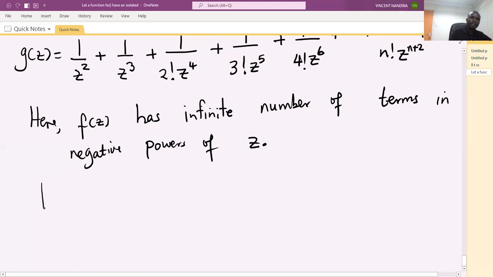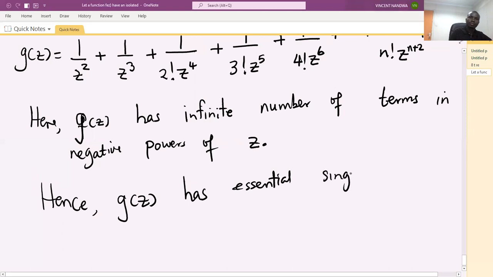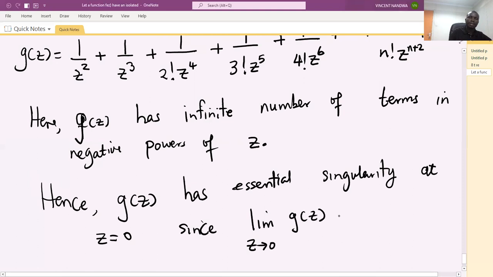So we say, hence g of z has an essential singularity at z equals to 0, since if you define the limit as z approaches 0 of g of z, then this does not exist. So that's an example for that given problem.